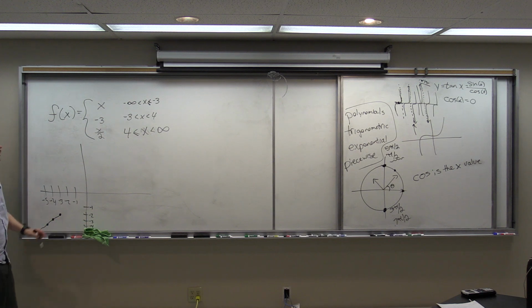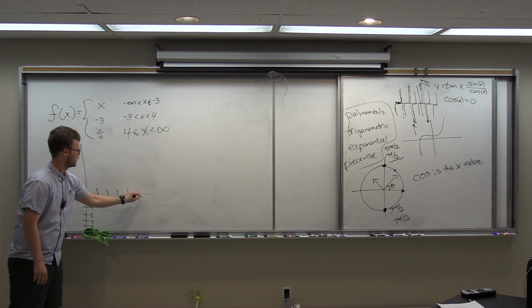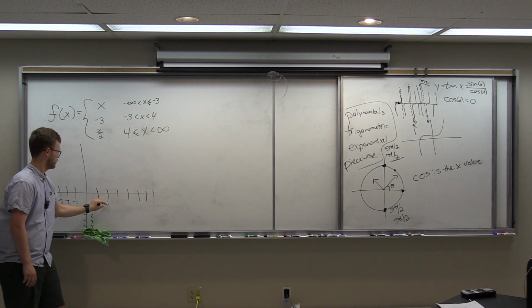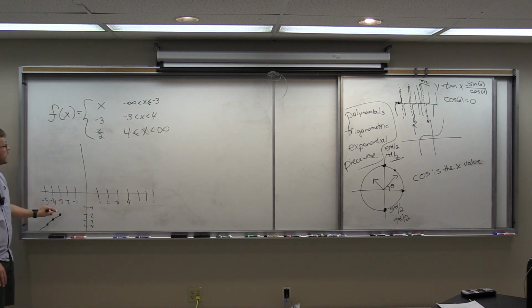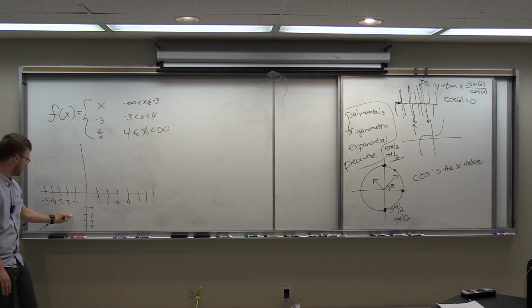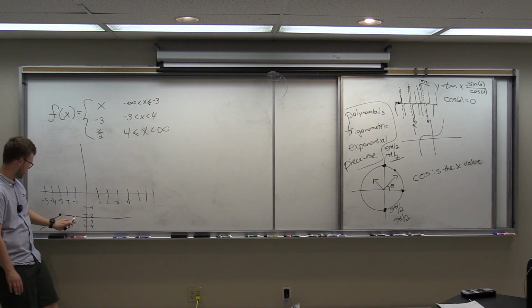Now, as we go from negative 3 up to 4, let's plot some x values here. Negative 3 to 4 is just the constant function negative 3. So it's just going to be negative 3. Now, I can see that I've messed up my scale a little bit, so I'll fix that.